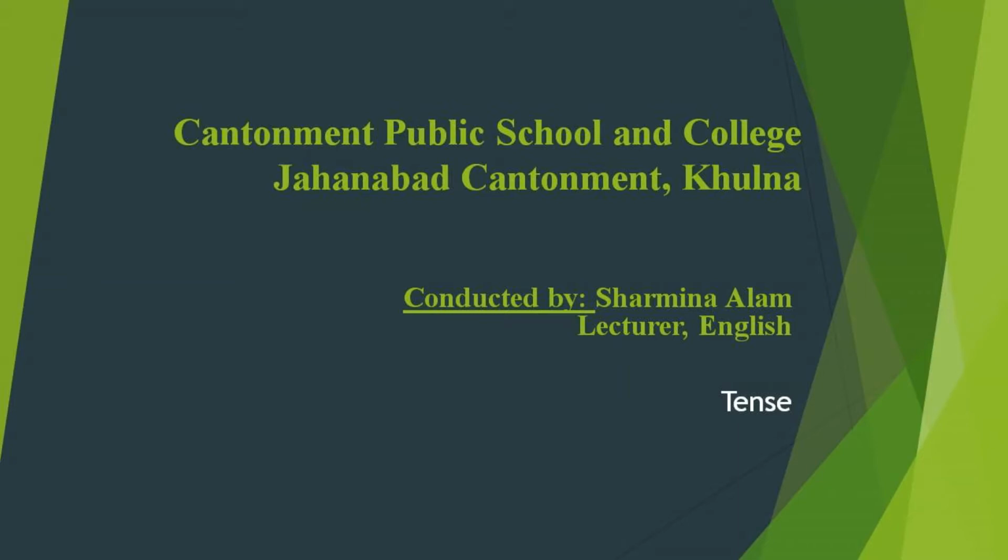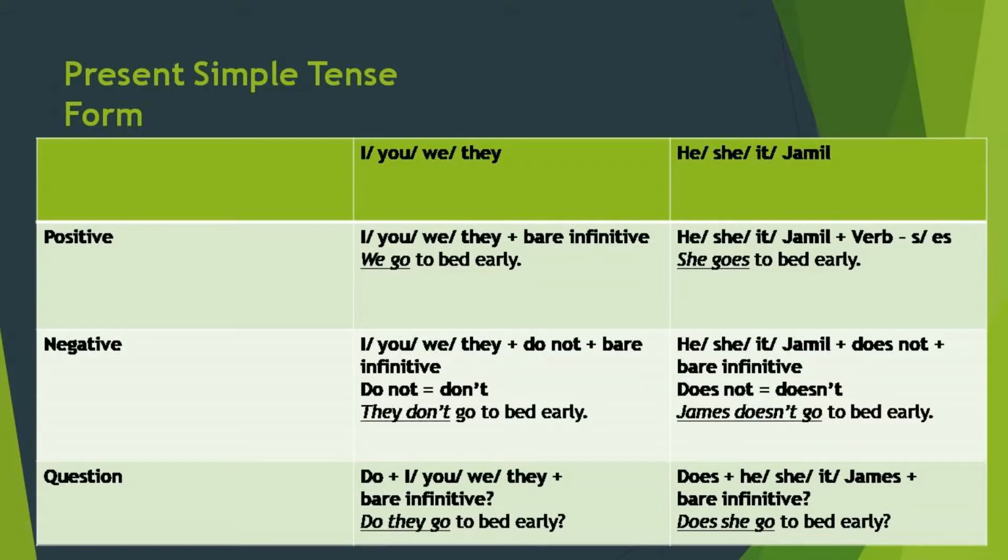Today, we will talk about present tense. And we know present tense is of four types. The first one is present simple tense or present indefinite tense.